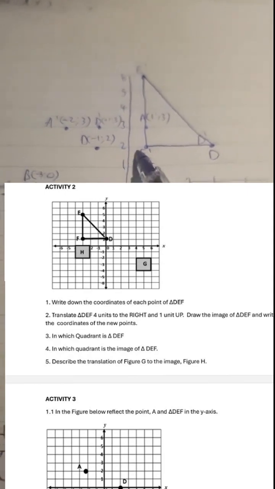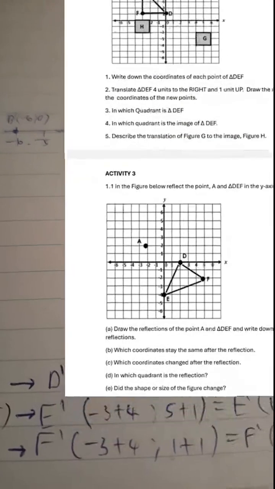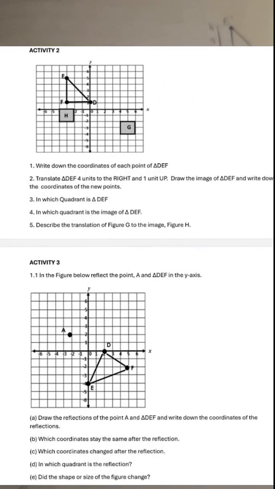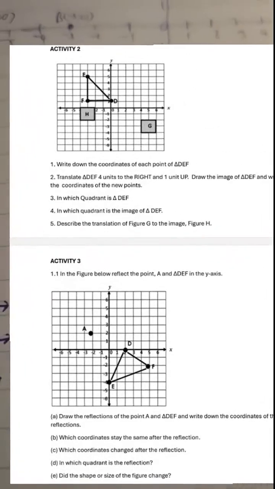Remember, translation means our image simply slides. It went up by 1 unit and then it slid to the right by 4 units. That's all that happened. Hopefully that makes sense.